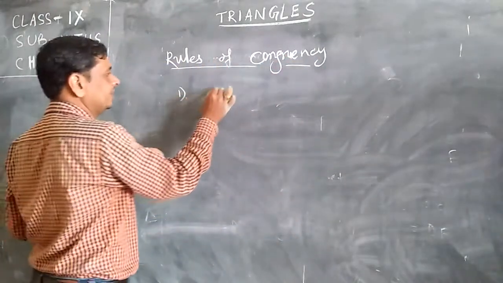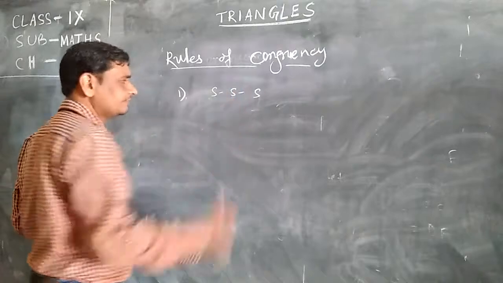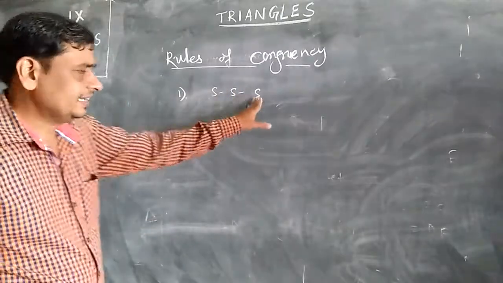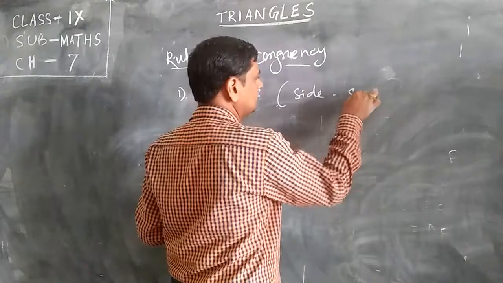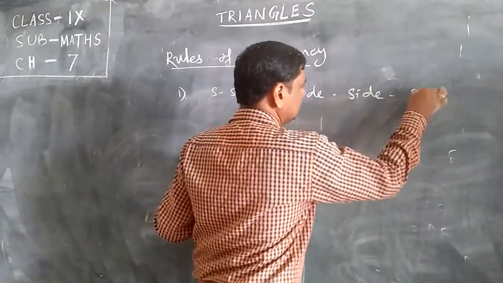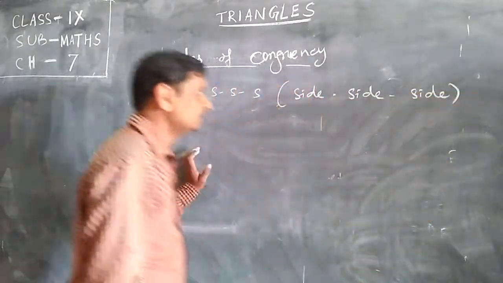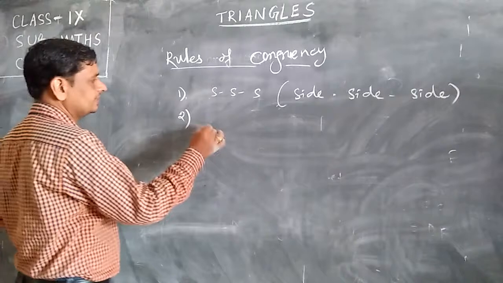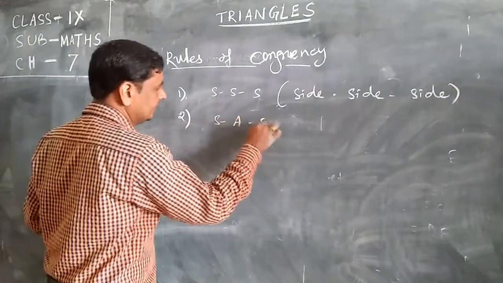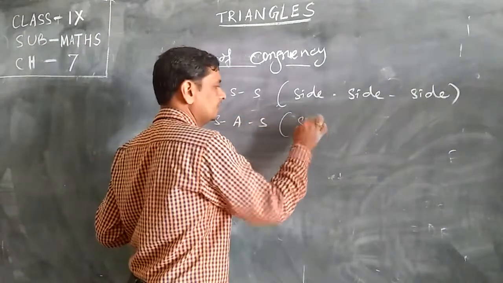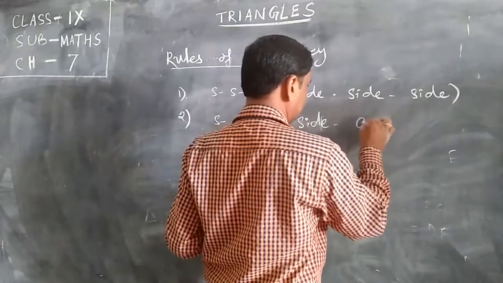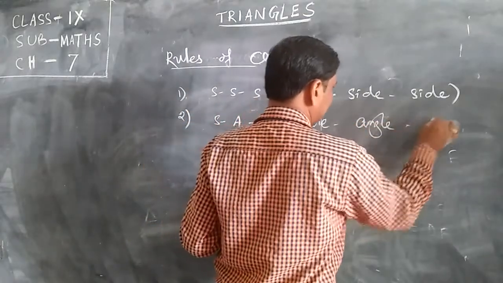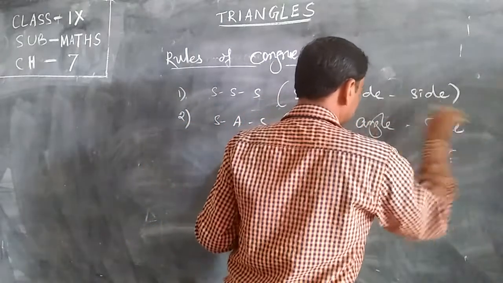First one is SSS. SSS means side, side, side. Second one is SAS, that is side, angle, side.